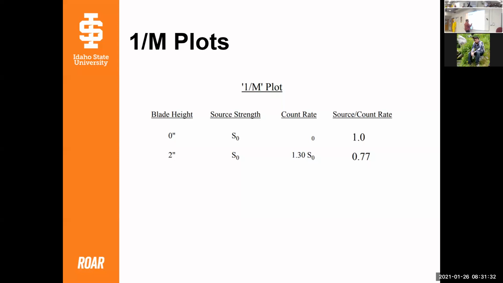So I have inverse counts, and I have my blade height in inches. At 0 blade height, my inverse counts is 1, because my source is all the counts I have, so my source and the counts are the same, right? Then at 2 inches, what's my inverse count?